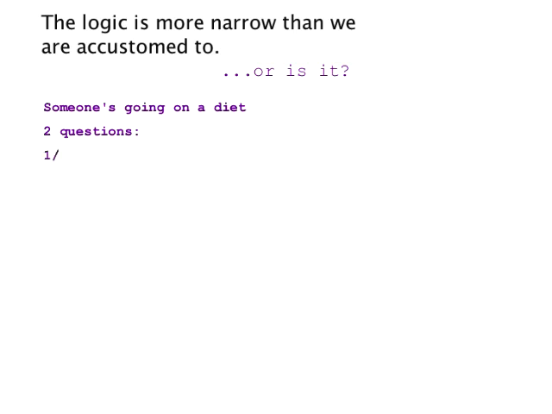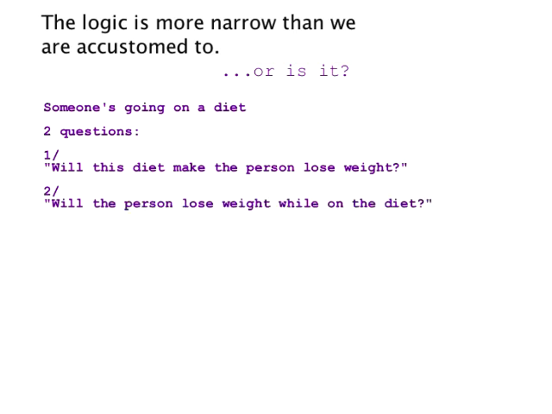The first question is this one, and then the second question is this one. Think about the difference between these questions. They look similar in words if you see them on a page, but they're totally different.